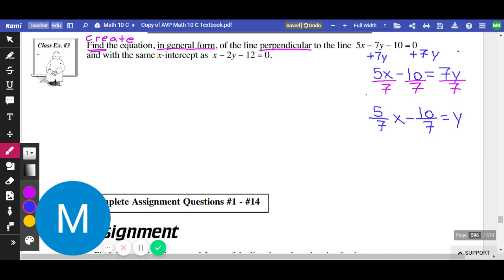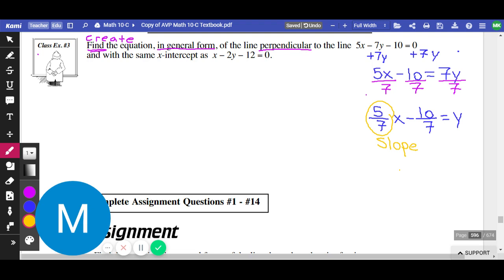For that line that they gave me, the number in front of the x is your slope. That's not the slope of my new line, that's the slope of the line they gave me.